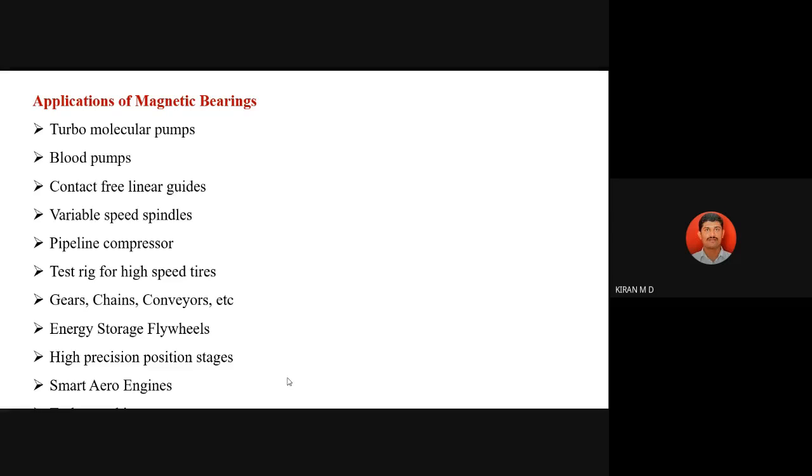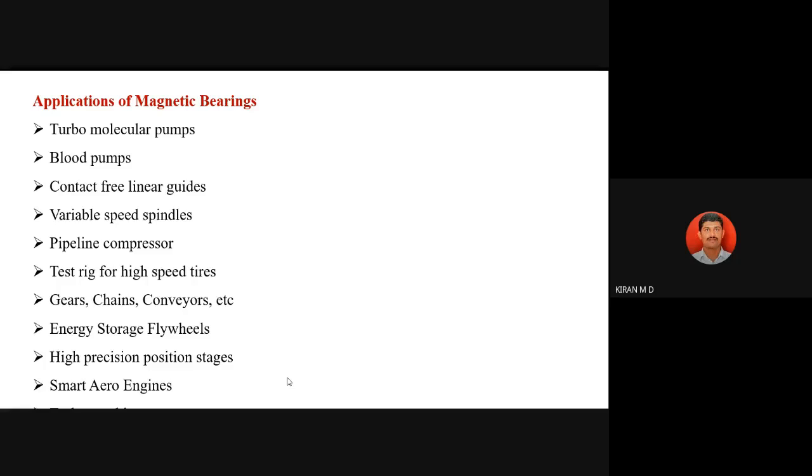So applications of magnetic bearings are turbo molecular pumps. I told you about pure media or pure substances, to transfer the pure media. Okay, so that type of application, turbo molecular pumps, blood pumps. Here in blood pumps also we are going to use the magnetic bearing because it won't contaminate the fluid which you are going to pump.